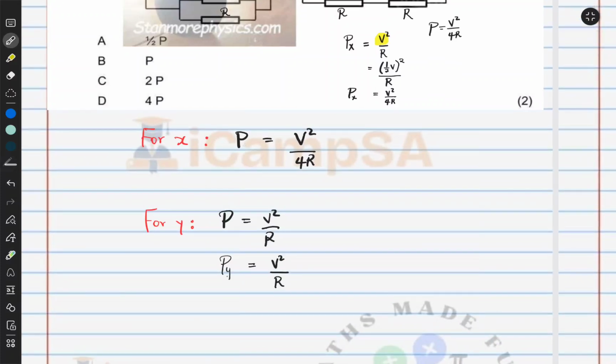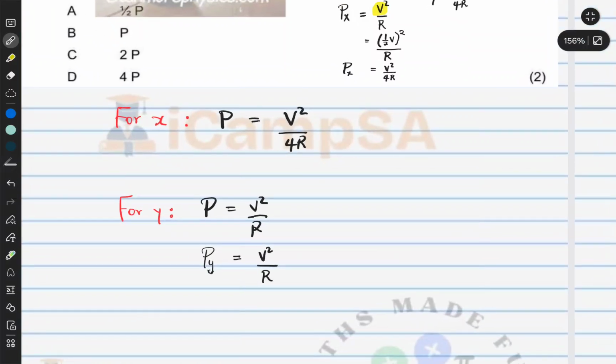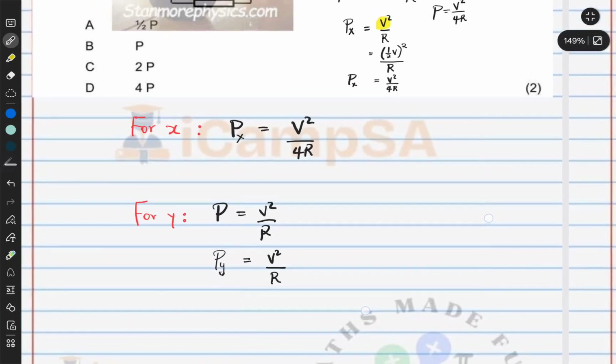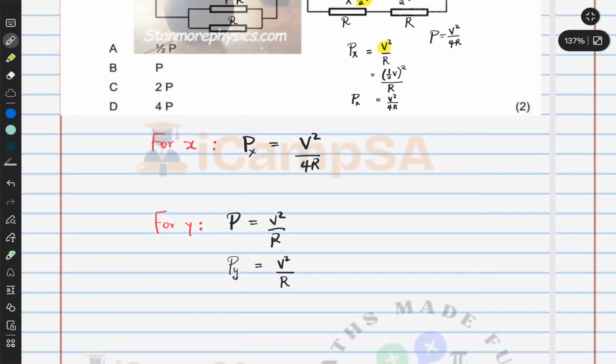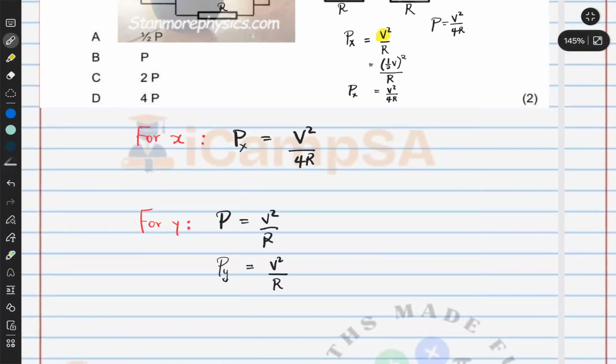And this was Px. So if you notice, you will see that Px is basically 1 over 4, right? We can factor out that 1 over 4 times V squared over R, right?